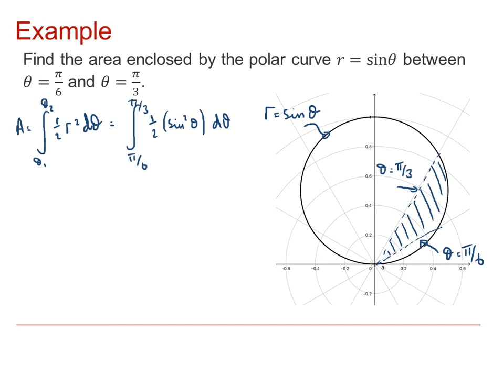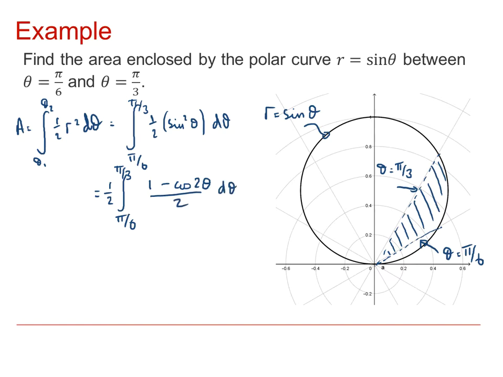So taking out the half inside the integral, then we can use the trigonometric identity so that we've got the integral from pi by 6 up to pi by 3, and then inside, instead of sine squared theta, we can write that as 1 minus cosine 2 theta over 2 d theta.